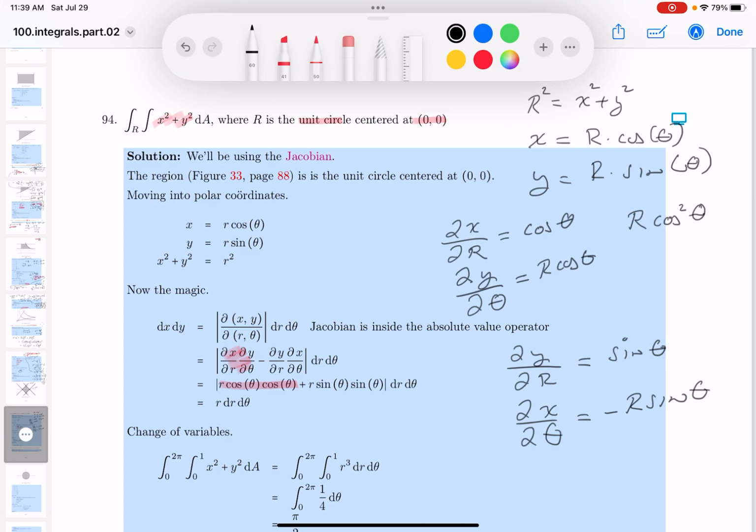If you multiply them together, you get minus r sine squared theta, and we're going to subtract it away, so it looks like r sine squared theta. It's Pythagorean in nature, so you factor an r out, and you're left with r times cosine squared plus sine squared theta, which is just 1. The absolute value of that is just r. So we get something pretty simple.